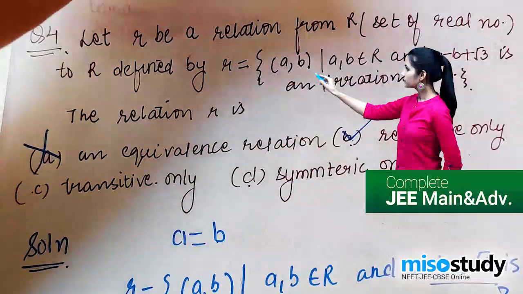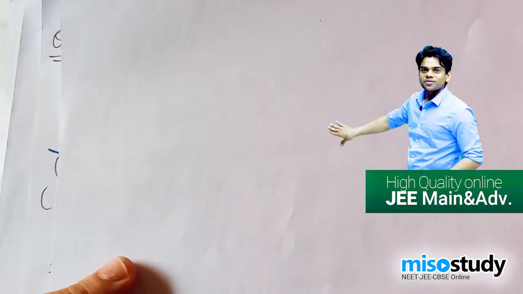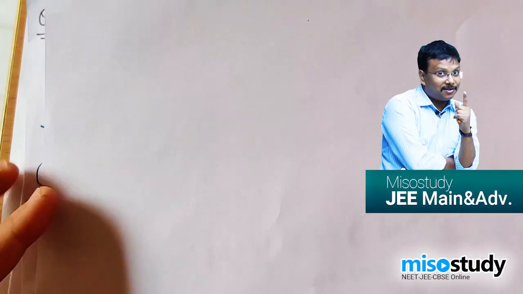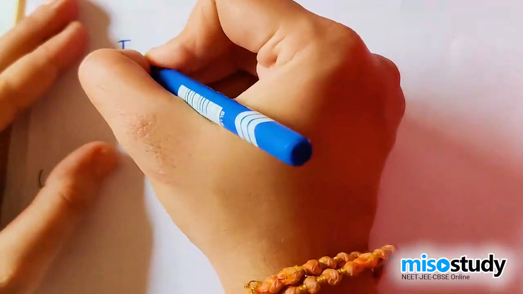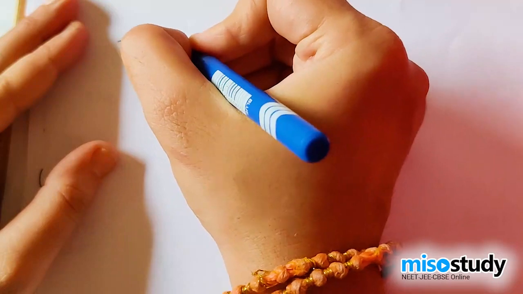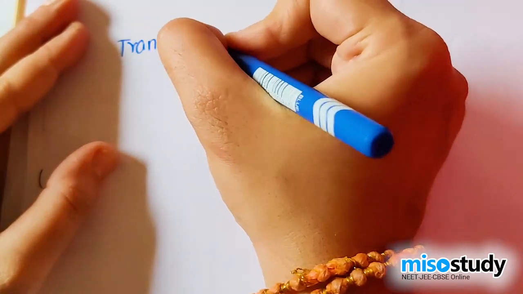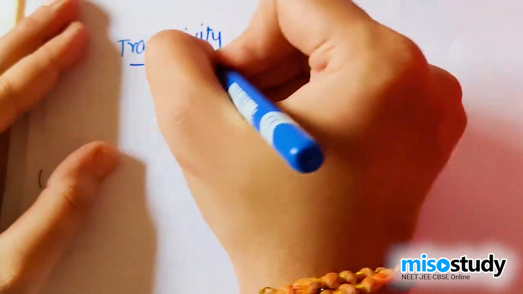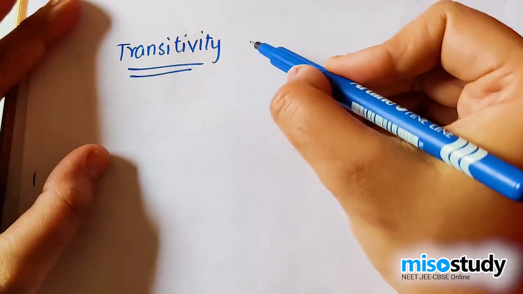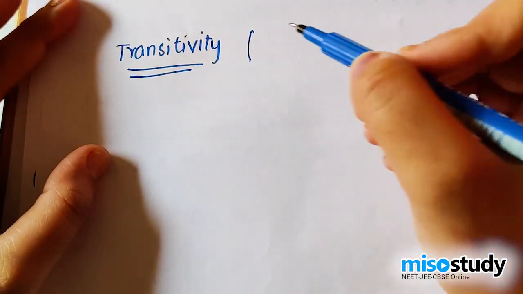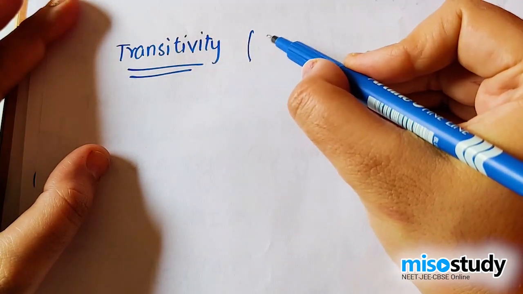So checking for the transitivity, let's check for the transitivity. Now, since I am given, let me take an example.